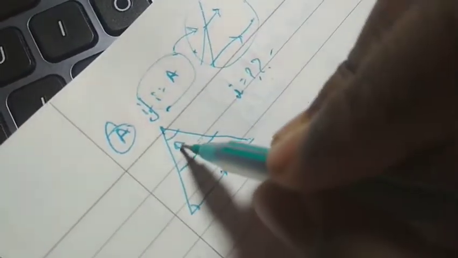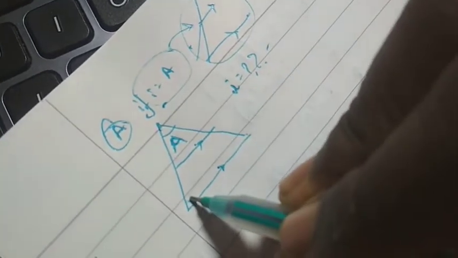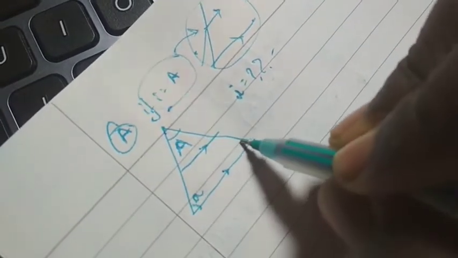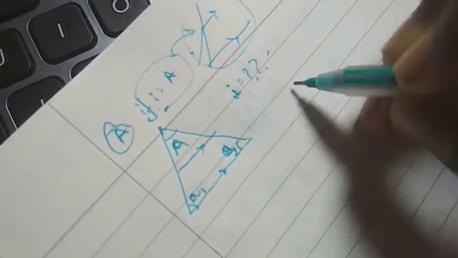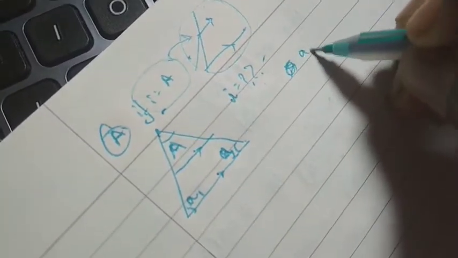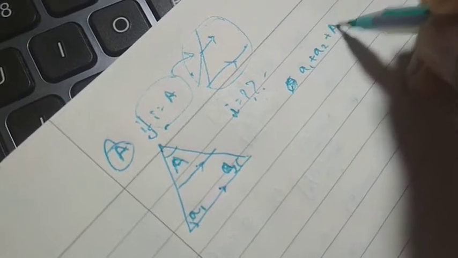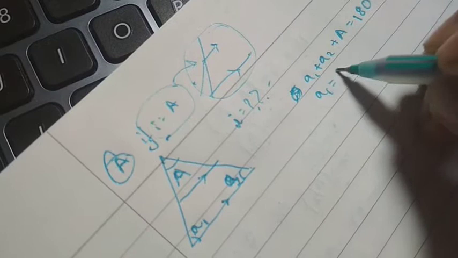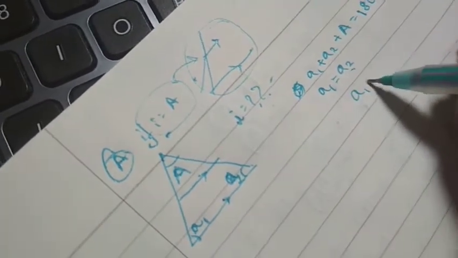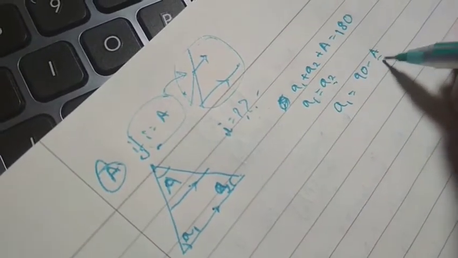So if this is A and it's an isosceles triangle, let these angles be a1 and a2. We know that a1 plus a2 plus A equals 180, and a1 equals a2 since it's isosceles, so a1 equals 90 minus A by 2.